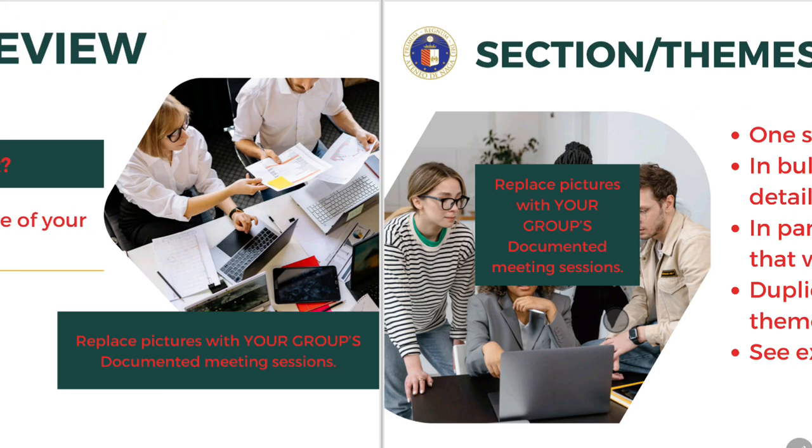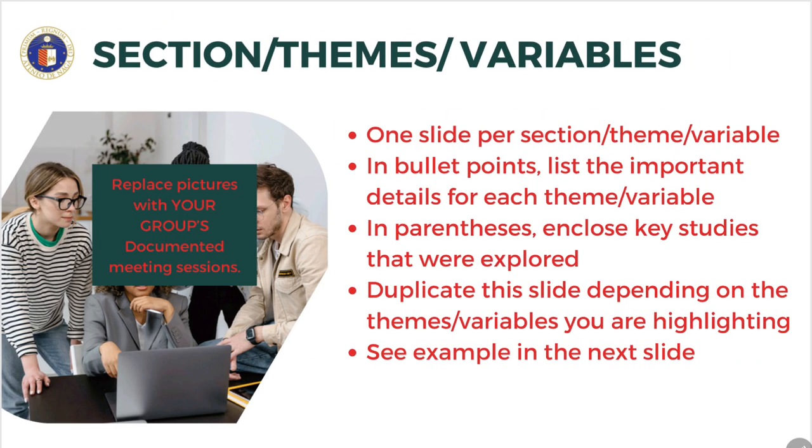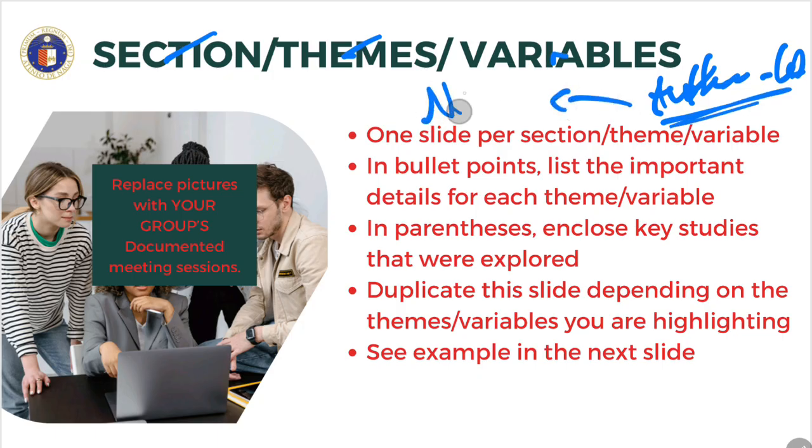All right, as the literature review is more of an author-led section, that is to say, you guys determine the sections or themes or variables to be discussed in your literature review. There is no specific section to be included here. Okay, so again, that will depend on your manuscript.